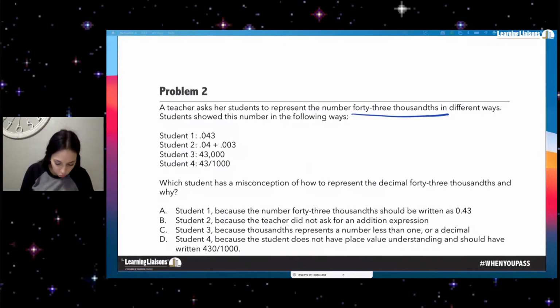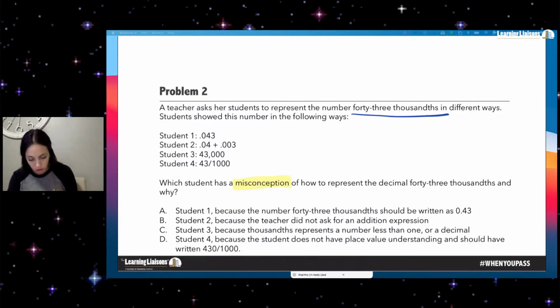Because we are looking for a misconception. Student 1, because the number 43 thousandths should be written as 0.43. Student 2, because the teacher did not ask for an addition expression. Student 3, because thousandths represents a number less than 1 or a decimal. Student 4, because the student does not have place value understanding and should have written 430 divided by 1,000.